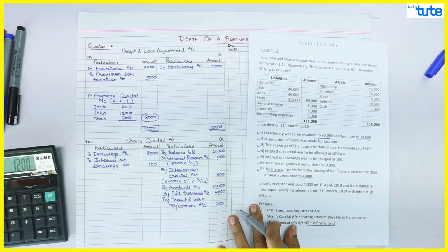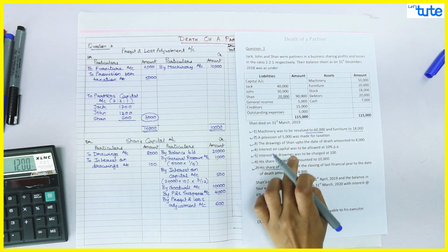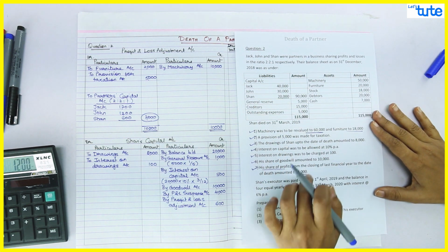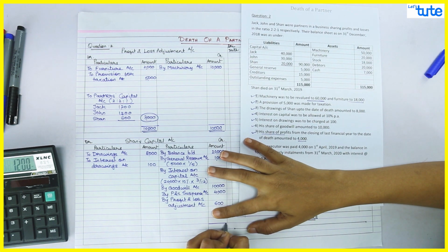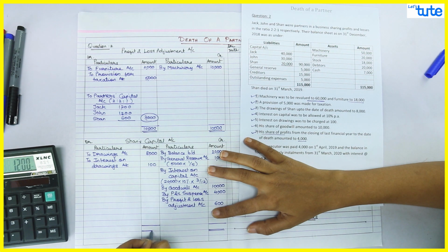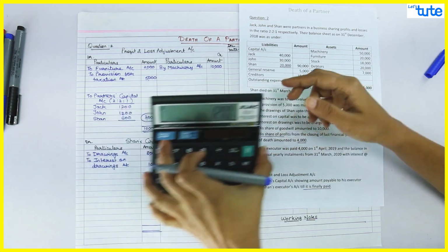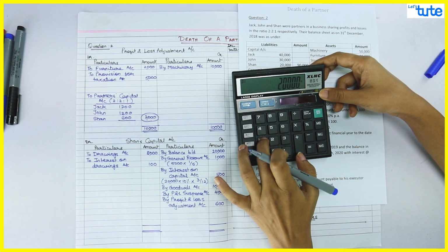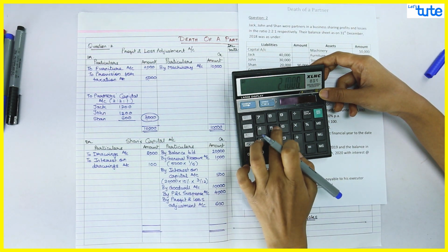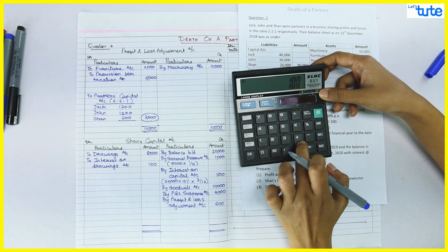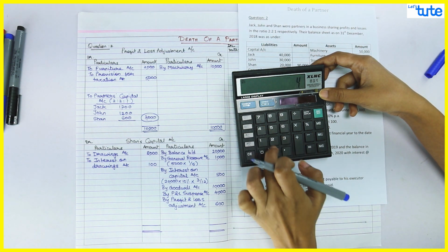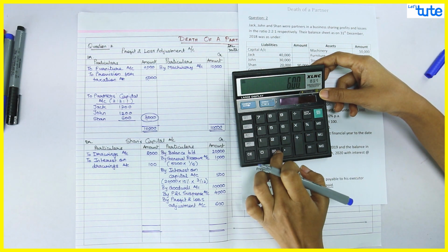Now we can close Shan's capital because we have done all the adjustment related to partners' capital. So close this account and find out the balance due to Shan, which would be transferred to Shan's executor account. So this is 20,000 plus 1,000 plus 500 plus 10,000 plus 4,000 plus 600.